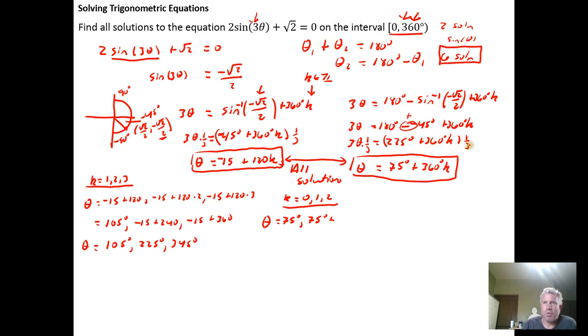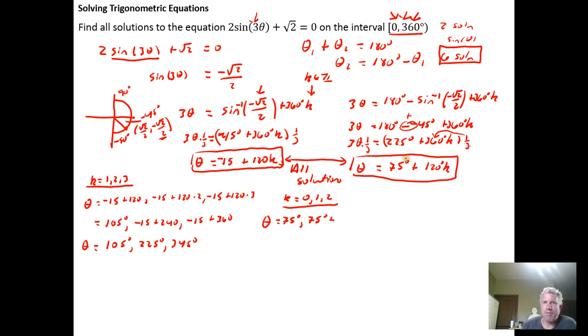I didn't distribute the 1/3, and see that 1/3 of 225 is 75, and I got wrapped up doing that, and then I made that distribution error that gets a person marked down. So 1/3 of 360 is going to be 120 degrees times k. The better question is, how did I know I made a mistake? And I knew that because 75 plus 360 was going to take me way out of my interval of interest, so that told me I had a mistake.